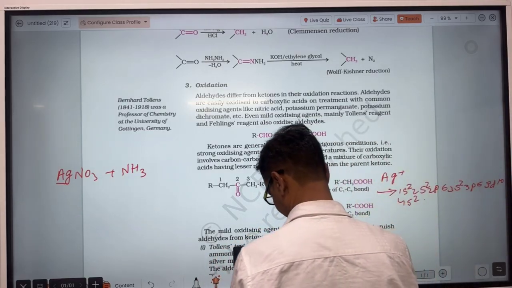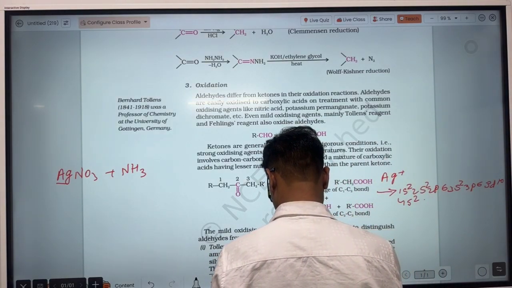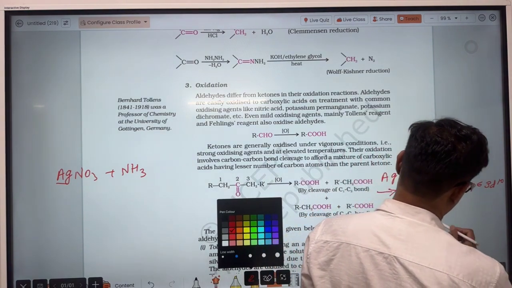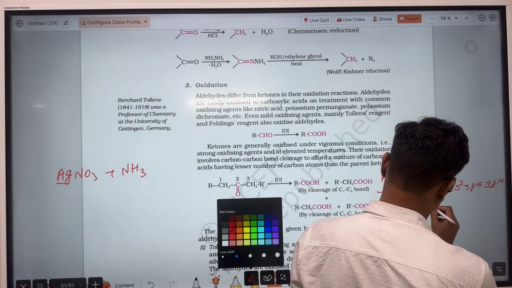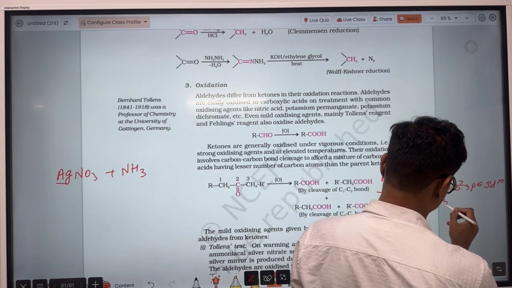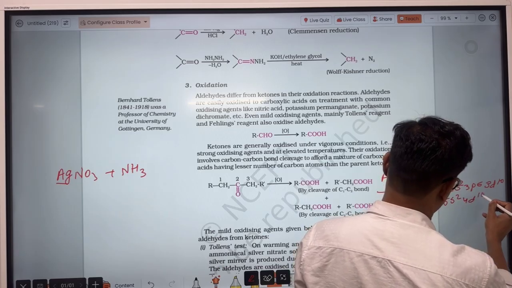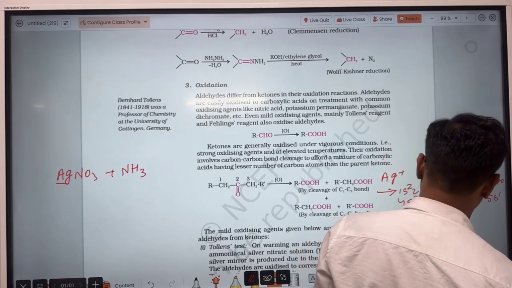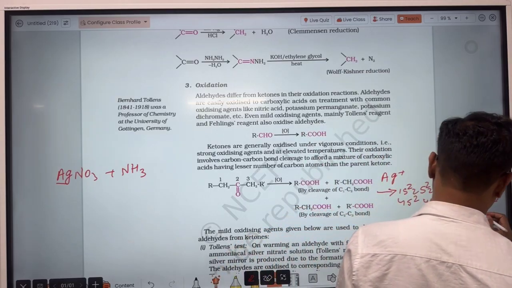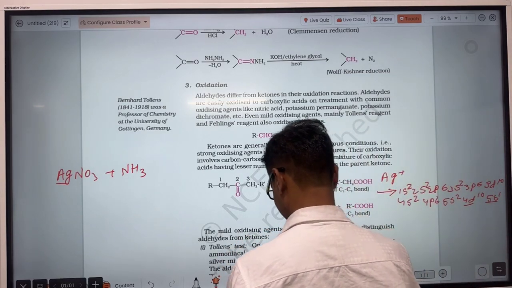Firstly, there is an electron. So one electron will reach from here and one electron from here.